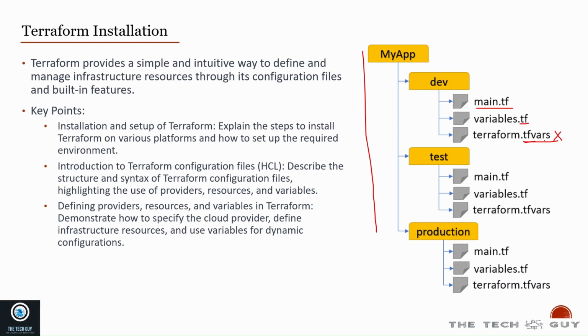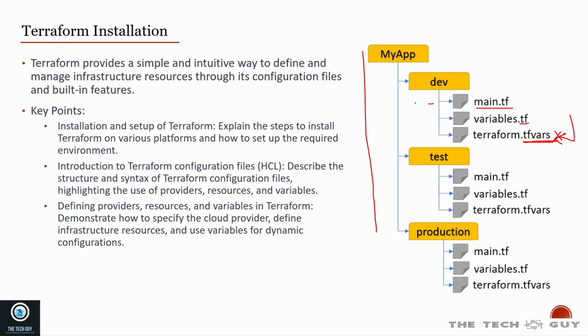So tfvars automates all those variable inputs. You can pass the values of these variables in tfvars, and when you run it, it will read tfvars and find out what the values of the variables are.